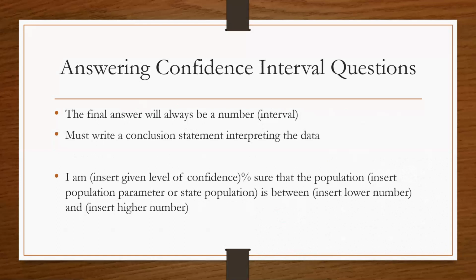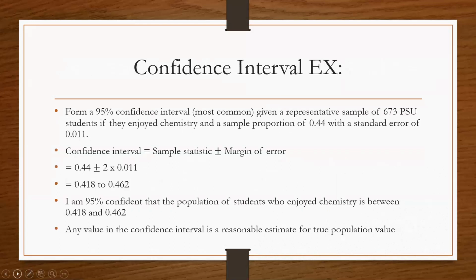This is a sample conclusion statement: I am, whatever confidence level they've given you, percent sure that the population, insert the population parameter or the statistic, is between, insert the lower number, and then insert the higher number. Just remember that for when you have to answer some of the questions.